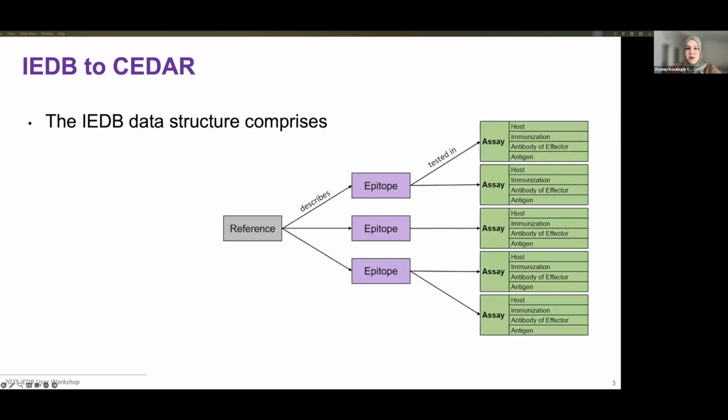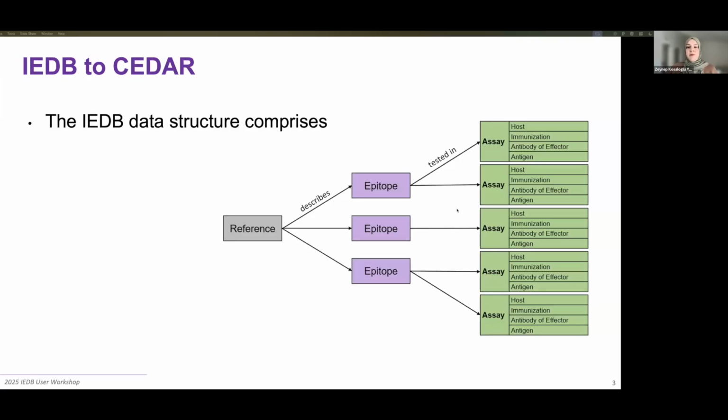By now, over the past 2 days, if you have attended, you already heard a lot about how the IEDB structures its data. We have the reference describing an epitope, and then the epitope is being tested in different assays.